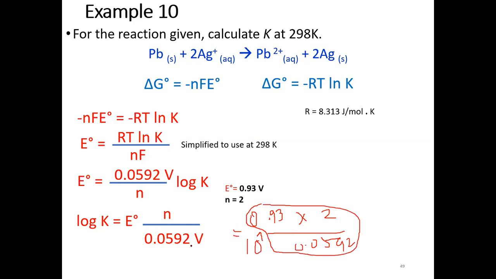Then K is going to be a very large number. We already know that it's spontaneous, so a very large K is expected, right? It's going to be 2.6 times 10 to the power 31. Huge value for K. That means my reaction is all the way on the right hand side already, because it was very spontaneous.